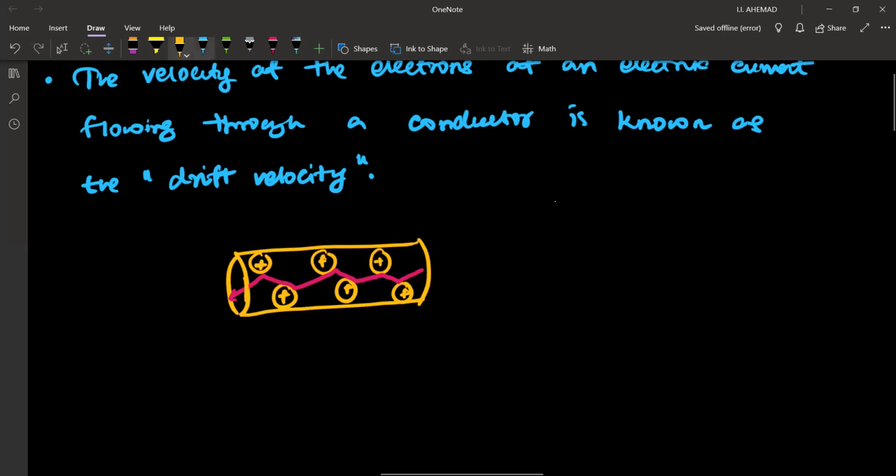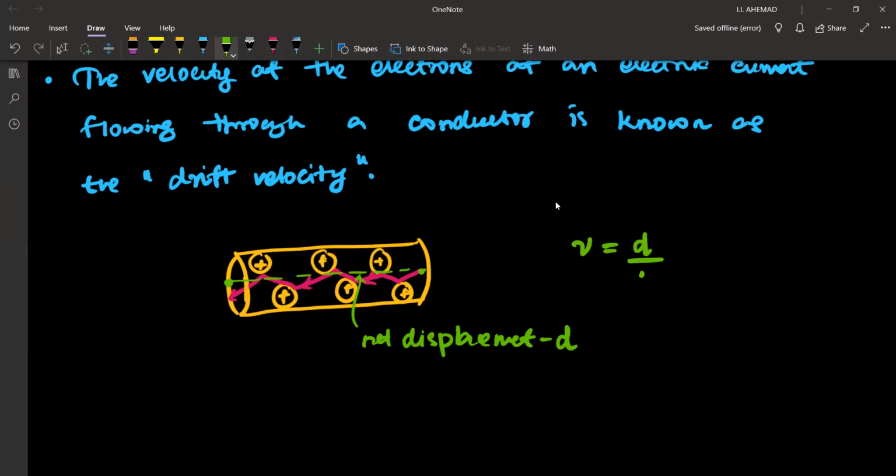So here, this will be the net displacement, D. So drift velocity is equal to D over T. Got it?